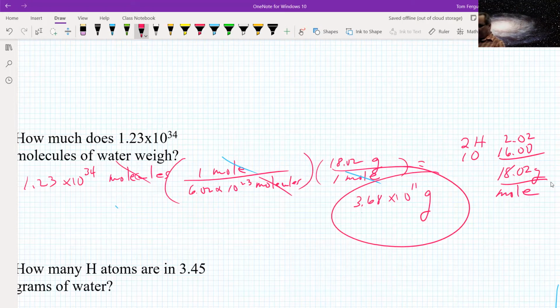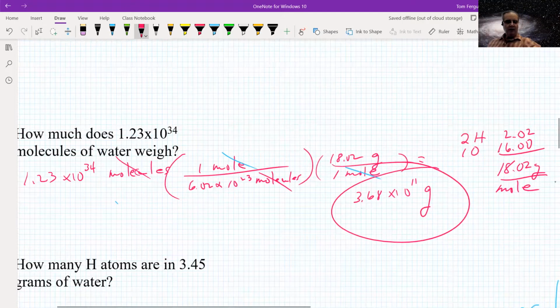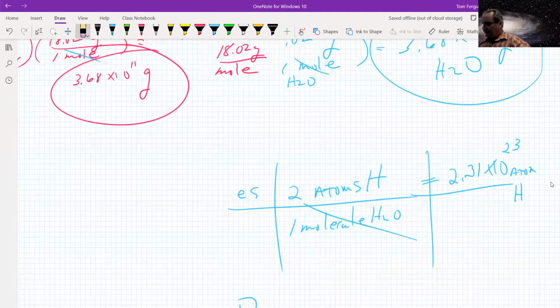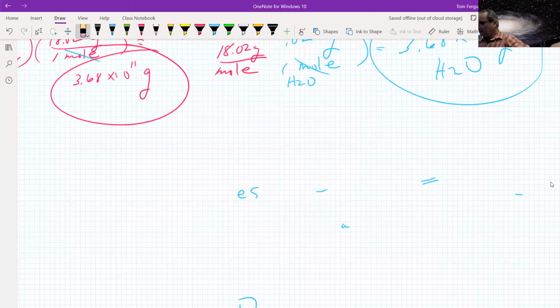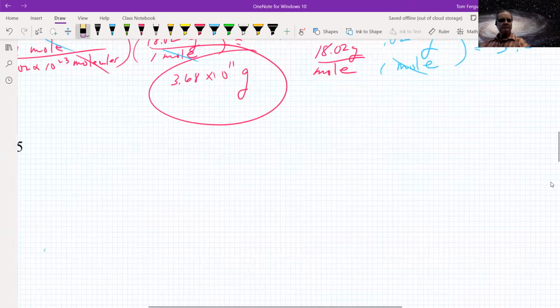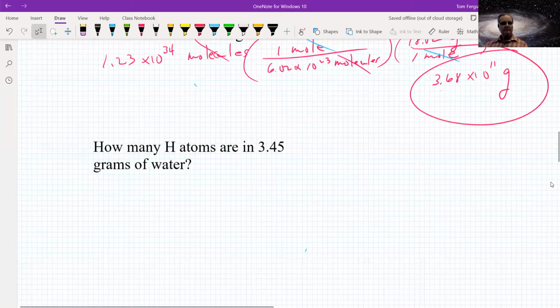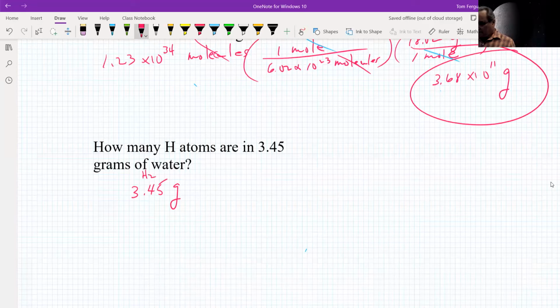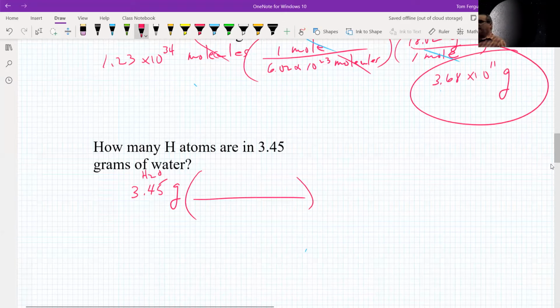Okay, so those are typical problems. I'm going to do one more for you just as an example. I want to know how many H atoms.